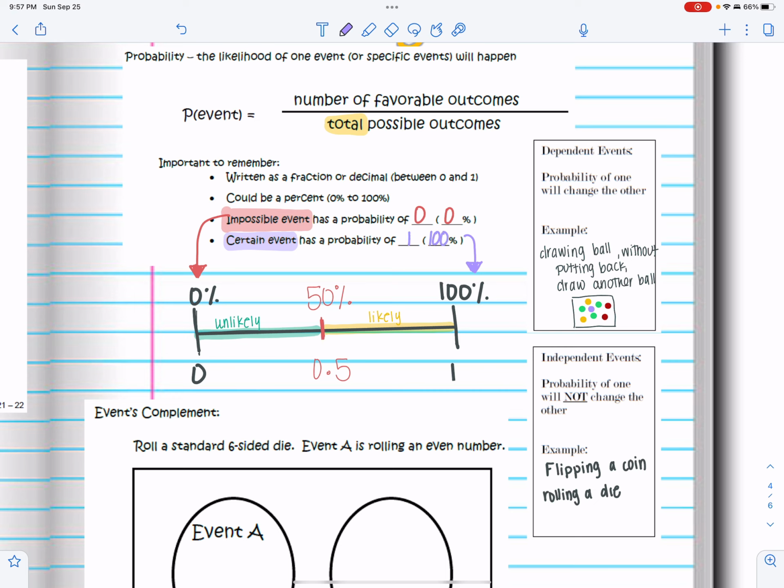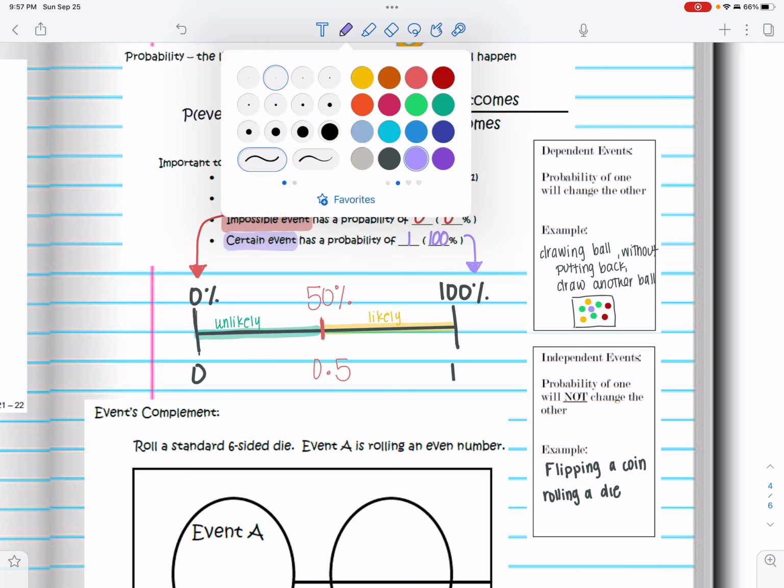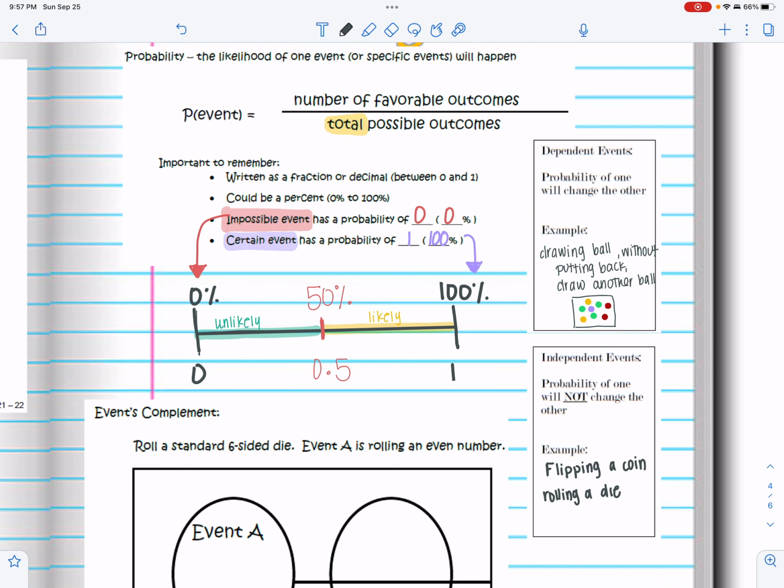And so some examples of this, I know it's hard to wrap your head around impossible versus certain. An impossible event would be the probability of rolling a 7 on a standard 6-sided die. There is no 7 on that die, and so the chance of rolling a 7 would be 0 or 0%.